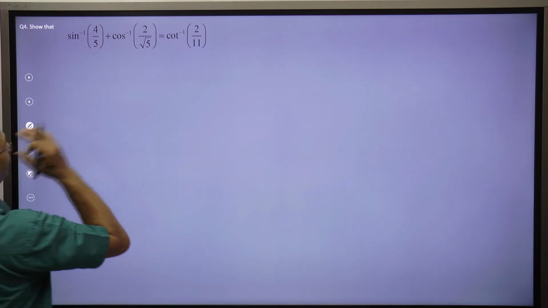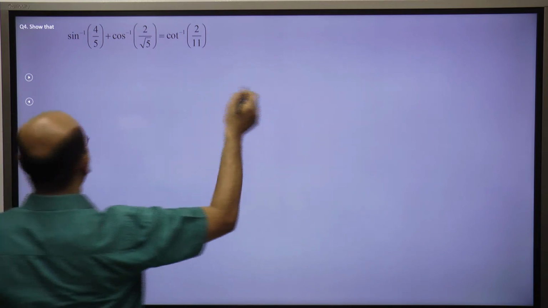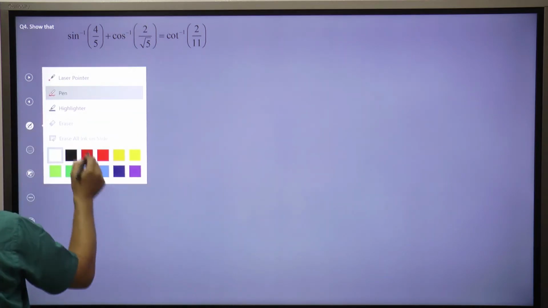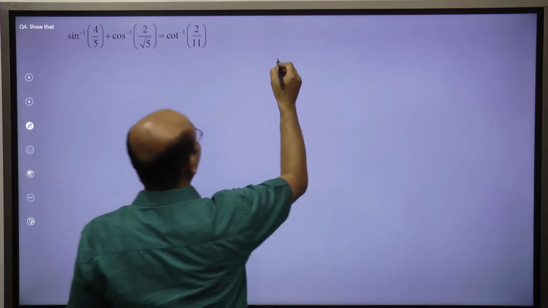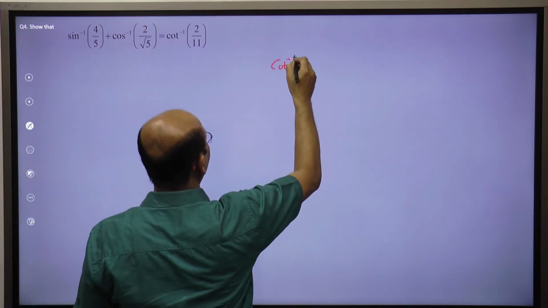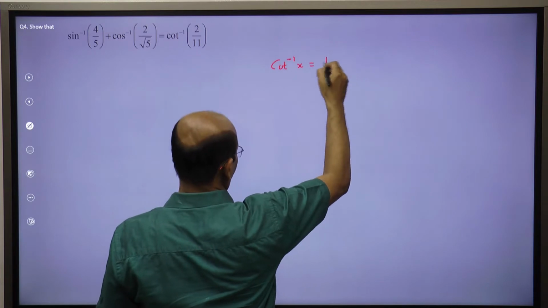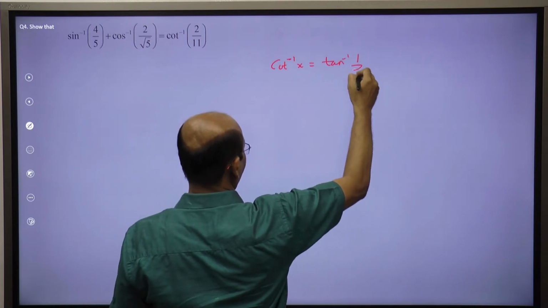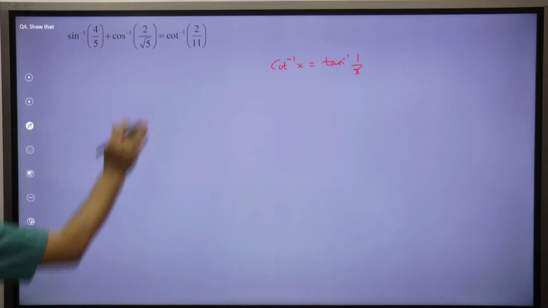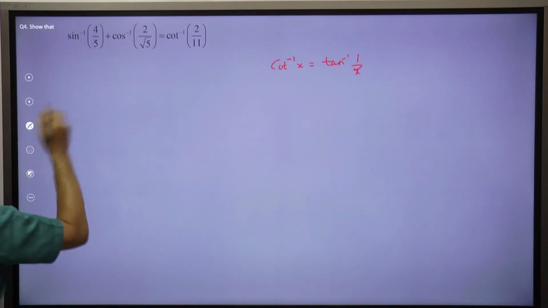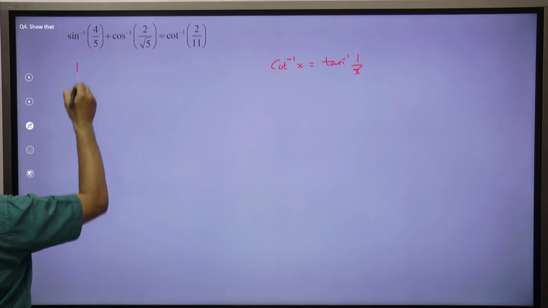So best deal would be, now remember one thing, there are many things which you have to keep in mind. You can do anything you want, but basically remember cot inverse x is nothing but tan inverse 1 by x. Why? Because tan and cot are inverse of each other. So I can convert this into tan inverse. How?